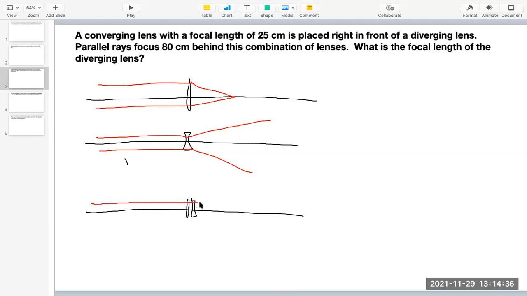Parallel rays will meet. So see if you can figure out the focal length of the diverging lens using this technique.